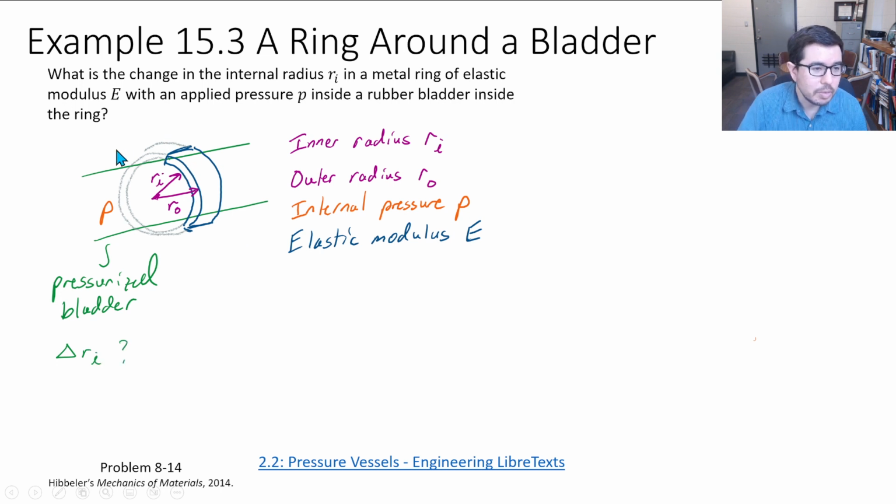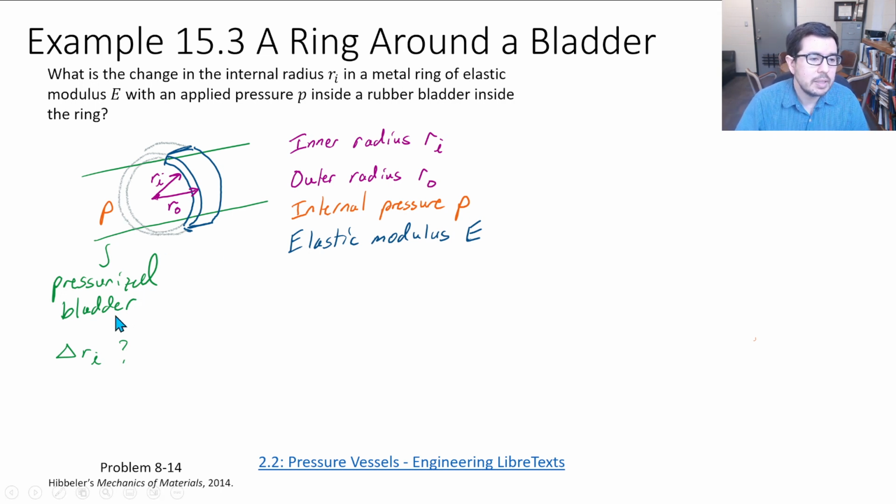My drawing's not the best, but you can see that it is going around. And this is problem 8-14 in Hibbeler's, I believe, 9th edition. And it's also treated in Roy Lance's engineering LibreText. So it's one of these somewhat standard problems.